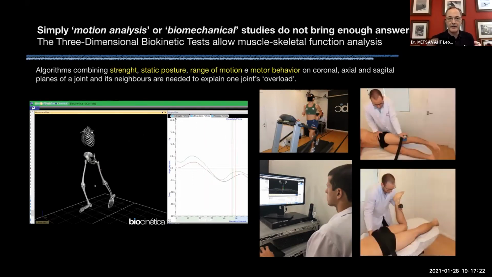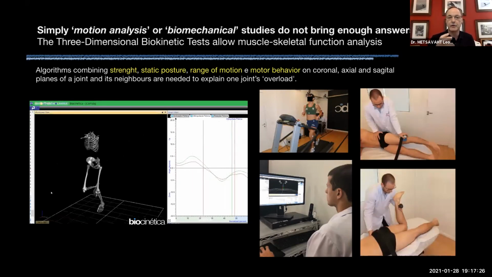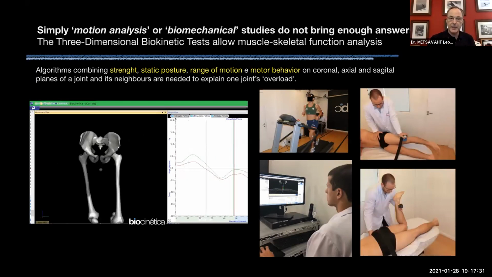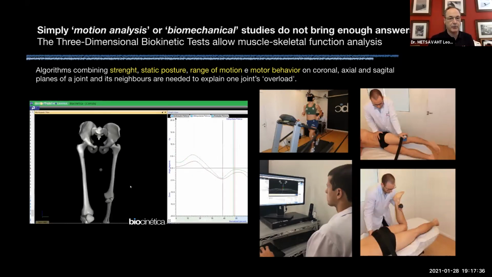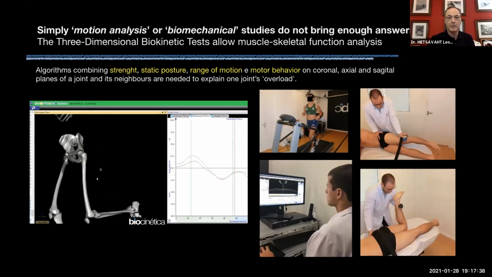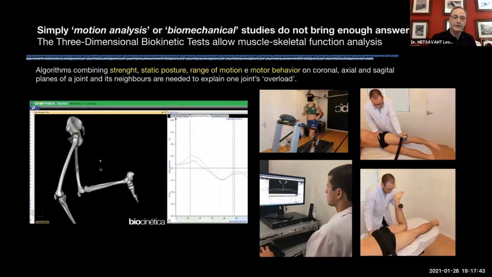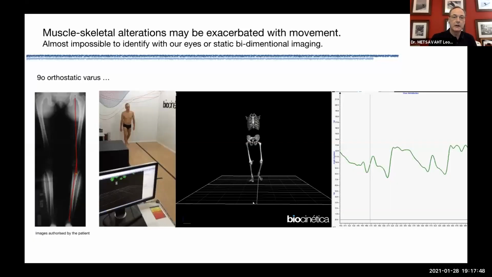We need algorithms that combine strength, static motion, posture, range of motion, motor behavior, and that has to be analyzed in 3D, in the coronal, in the sagittal, and the axial planes together. So it's a very complex analysis that we need to understand where is the reason for the overload of a joint. It's almost impossible to define that just with an orthostatic X-ray.